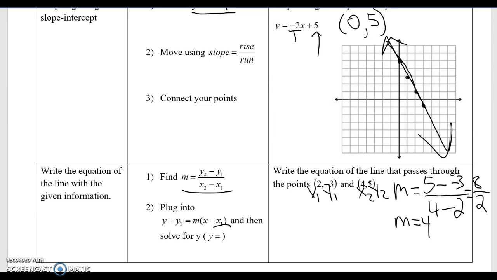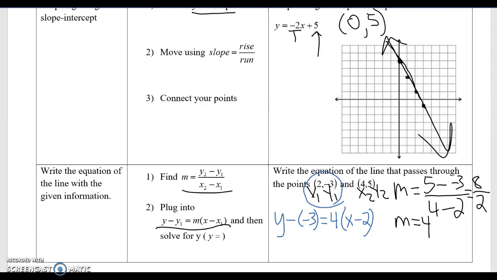And then I use point slope form. So I can use either point here, but I'm just going to use the first one just for convenience. Whichever point you choose, make sure you only use that point.